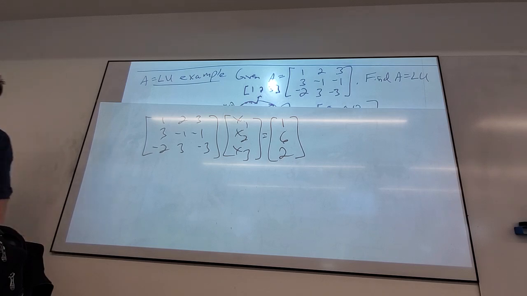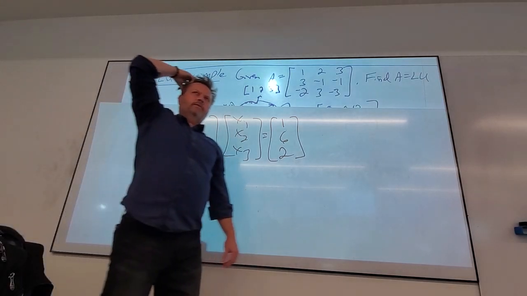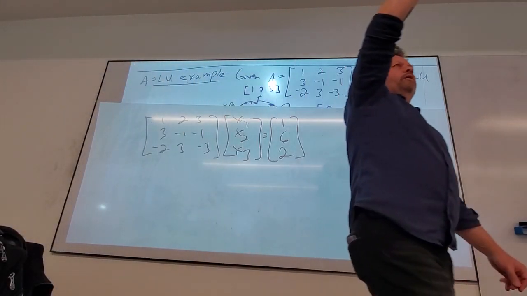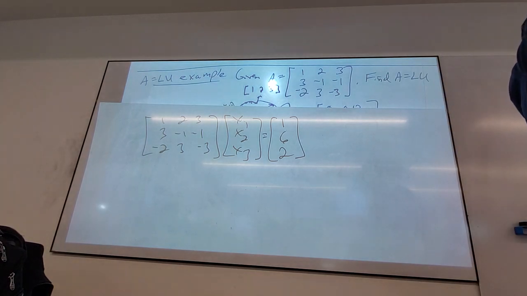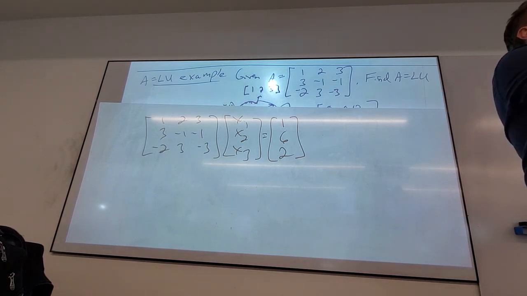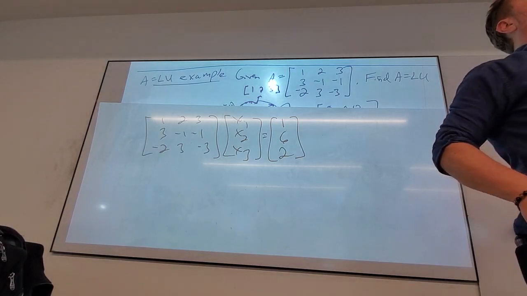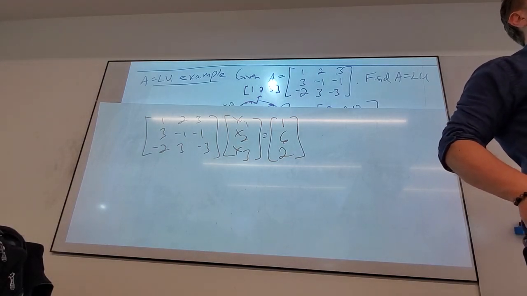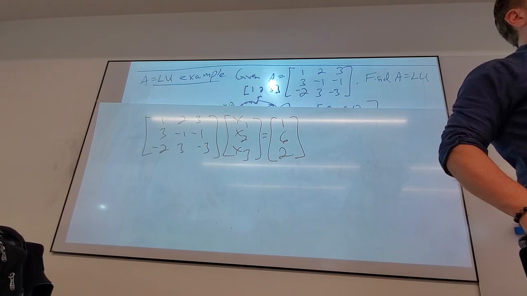Now, real quick. Do you guys have any sense of whether or not these columns are independent? You should, because one thing I could look at, if you have no other questions, is trying to do the LU business with a non-invertible matrix.